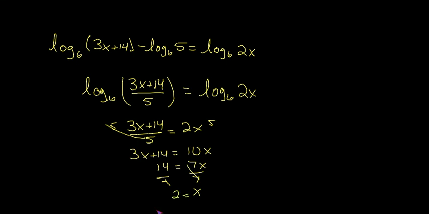Now again, we probably should check this. If I get 2 here, 3 times 2 is 6, plus 14 is 20. So if we did 20 divided by 5 in our quotient rule, I'm going to get 4 over here. 2 times 2 is 4. It works out.